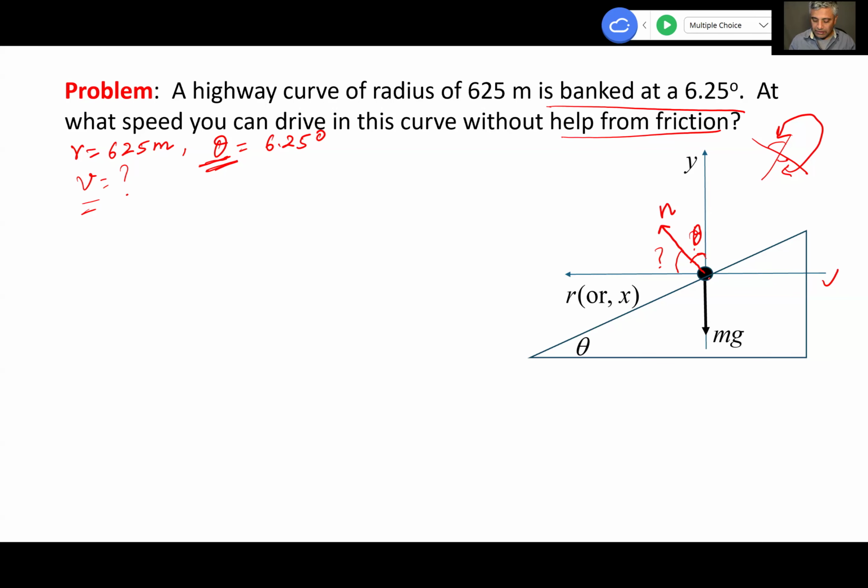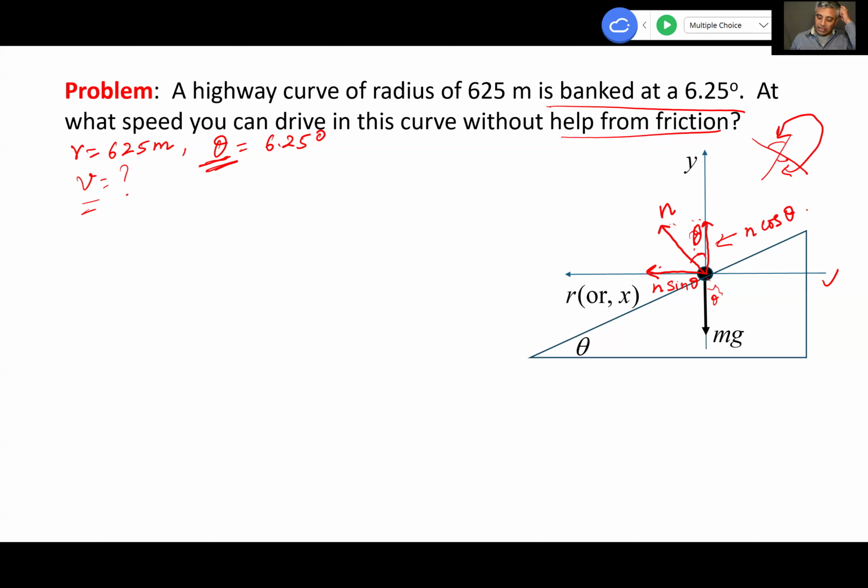Once we have that, we can now write the components. We want one component along this axis, another component along this axis. This would be the opposite side, and opposite picks up sine, so N sine theta. And this is adjacent, so that one picks up cosine, so this is N cosine theta.